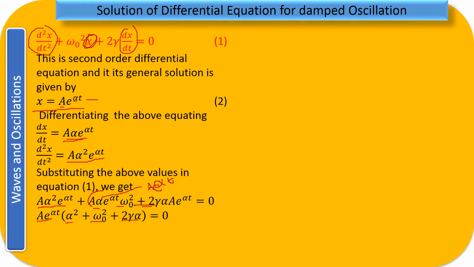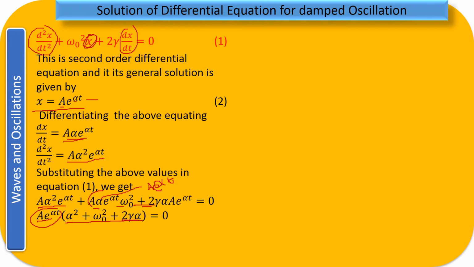So a e to power alpha t times (alpha square plus omega naught square plus 2 gamma alpha) is equal to 0. Now in this equation, either a e to power alpha t is equal to 0, or alpha square plus omega naught square plus 2 gamma alpha is equal to 0.